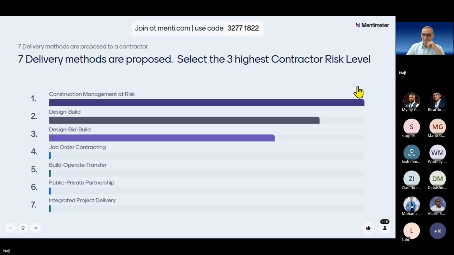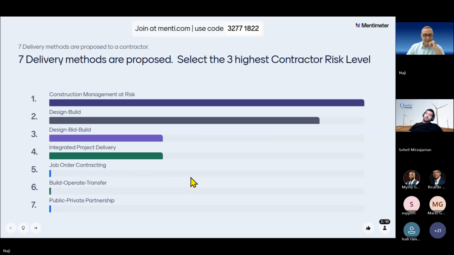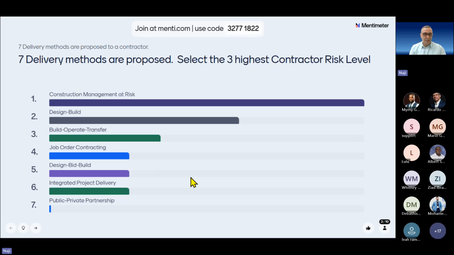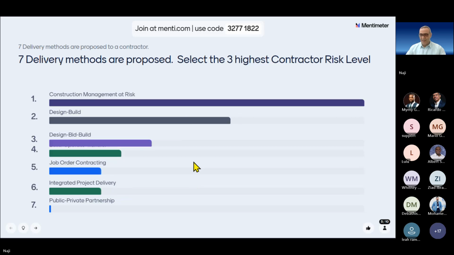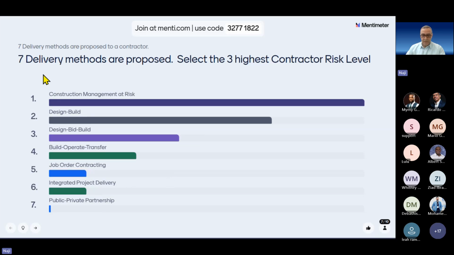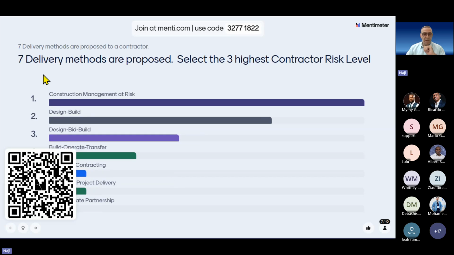So far, it's construction management at risk, design build. If anyone did not get the code, there you are, the QR code, if someone didn't have the chance to scan it.